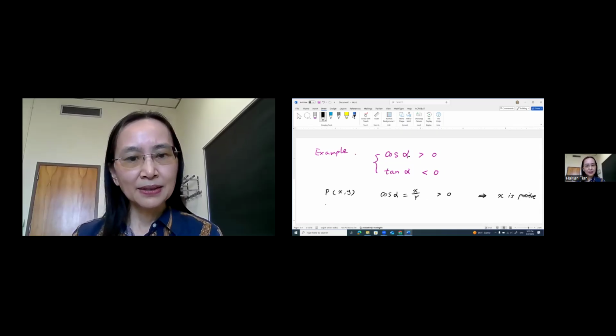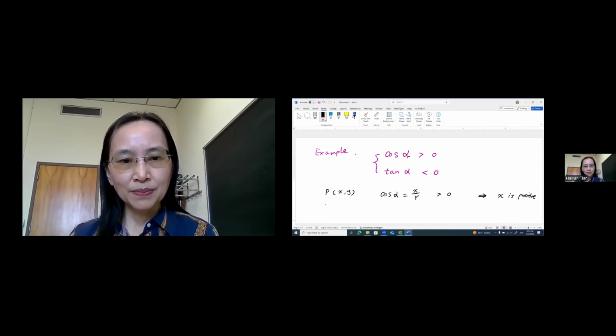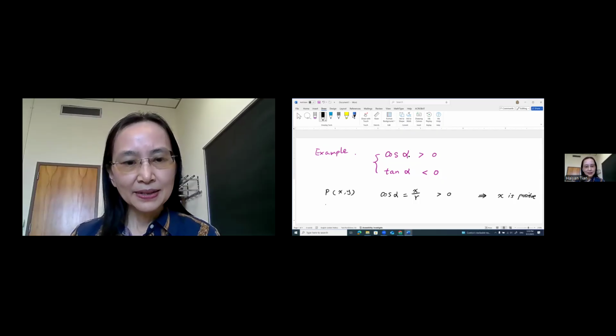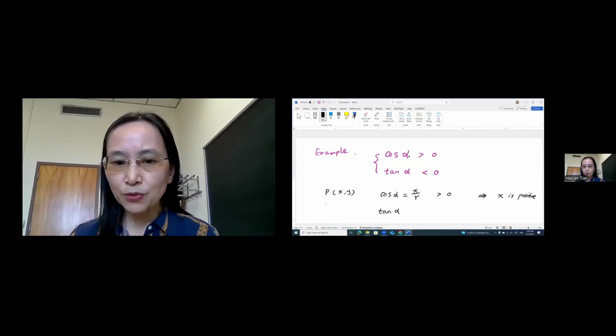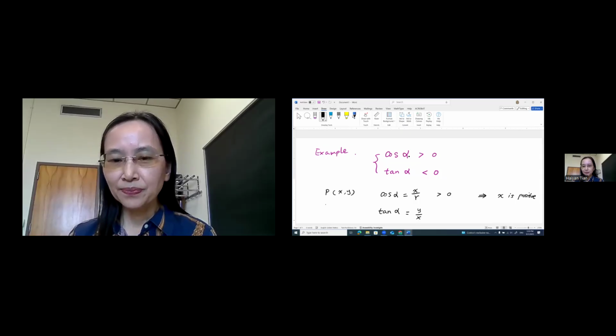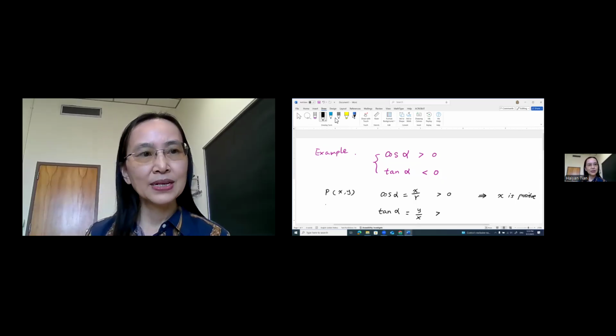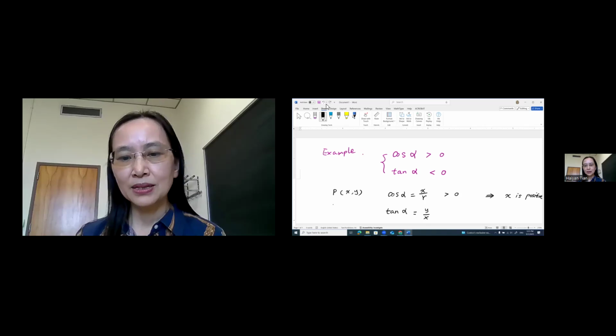And from the second piece of information, the tangent alpha is negative. So tangent alpha, recall, tangent is defined to be y over x. And we are told that the tangent of alpha is negative. So let's write negative.